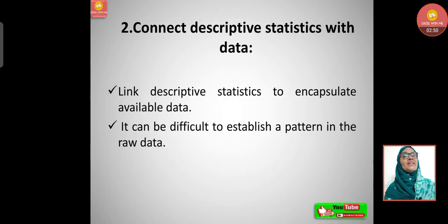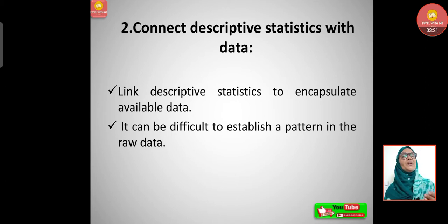Now the second one is connect descriptive statistics with the data, that is link descriptive statistics to encapsulate available data. Obviously, if we are doing any descriptive research, then we will get some descriptive statistics. So we have to arrange all the available data in the Excel sheet so that we can do the further process.